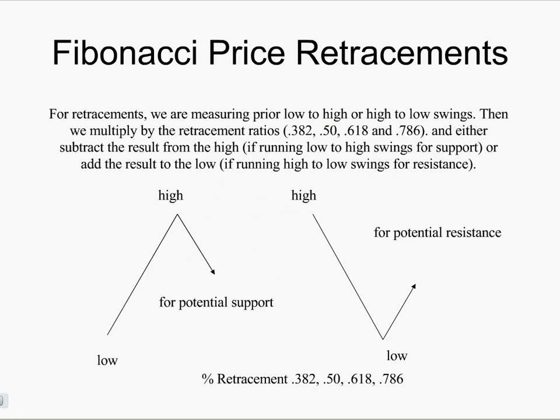I run symmetry setups, which is essentially a measured move. What I'm doing is I'm taking prior swings in the same direction and comparing them using a projection of 100%, looking for equality and similarity in corrective moves to help you get into the market in the direction of the trend. And then I also run 2-step patterns.